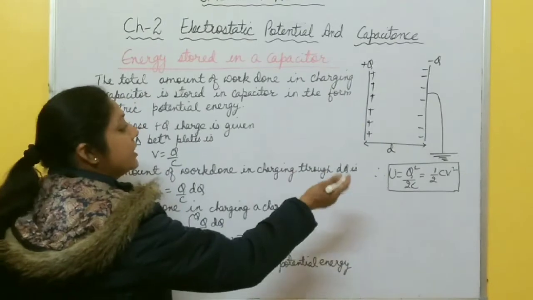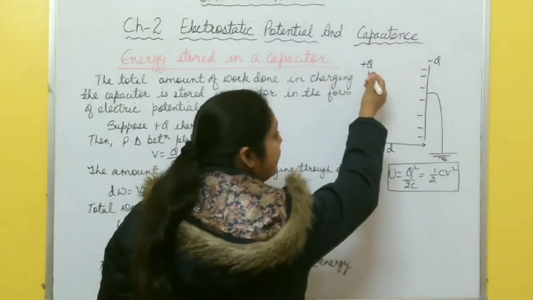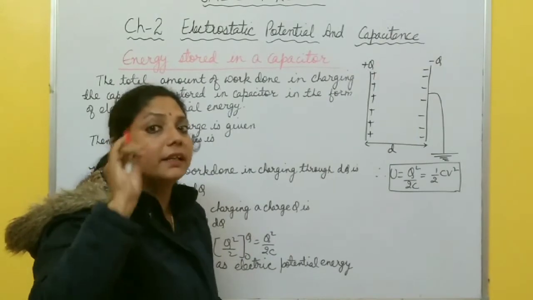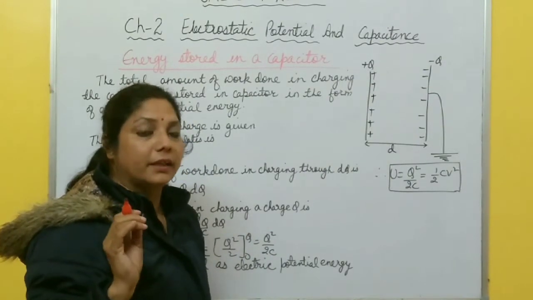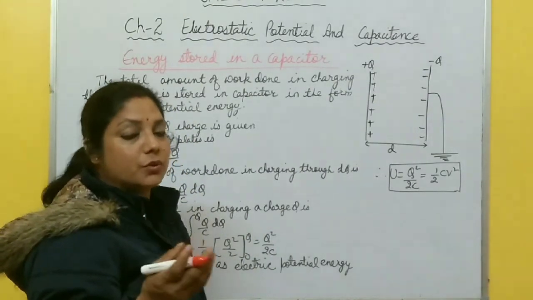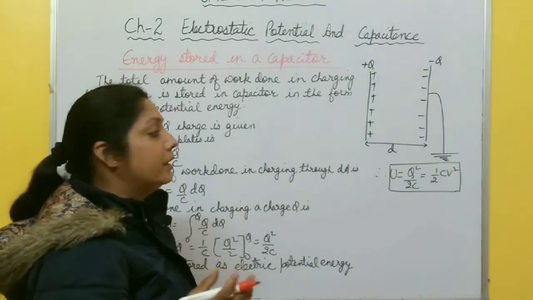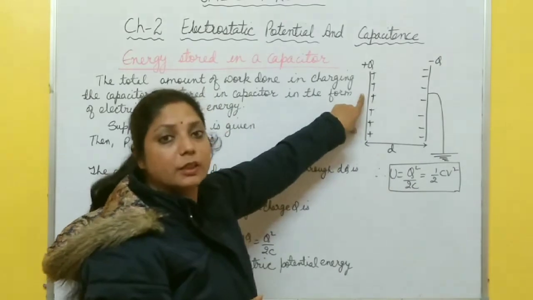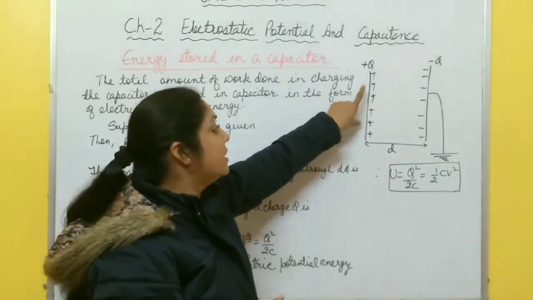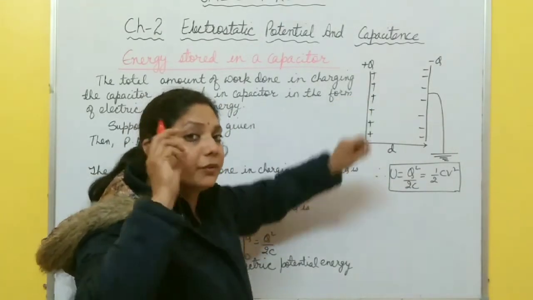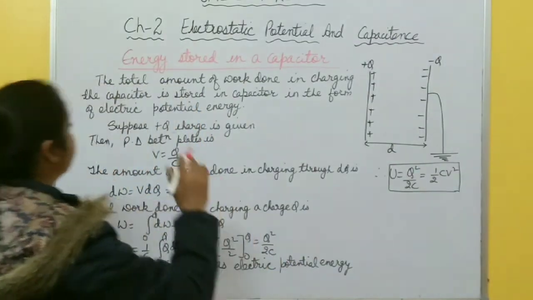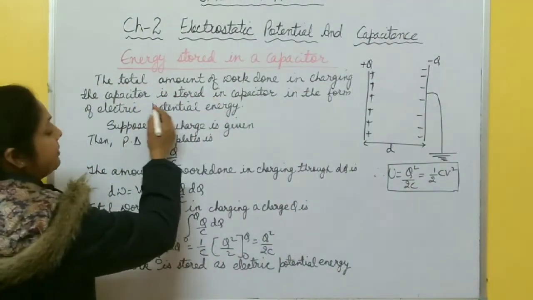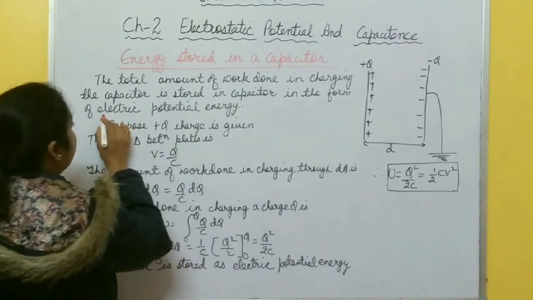The work given by the charging battery to store charge in the plates is stored in the capacitor in the form of electric potential energy. I have written this one.